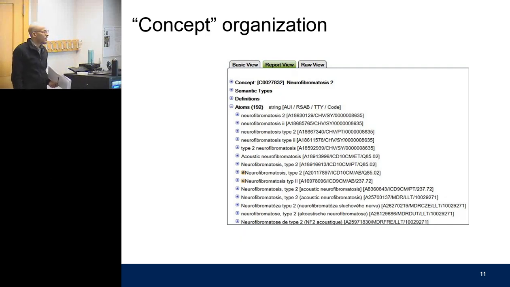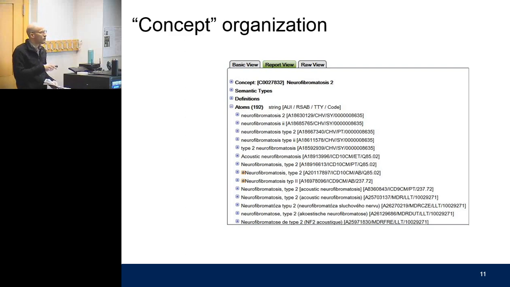So what we see is a concept record for neurofibromatosis 2, which is a benign tumor of the inner ear. And in this concept record, we have the atoms expanded below the concept itself. So the concept has been given a unique identifier, the C0027A32. So it has a human and machine readable unique identifier at the concept level.